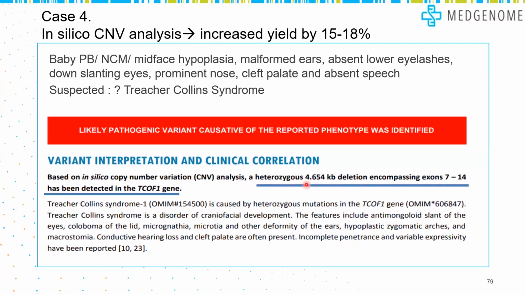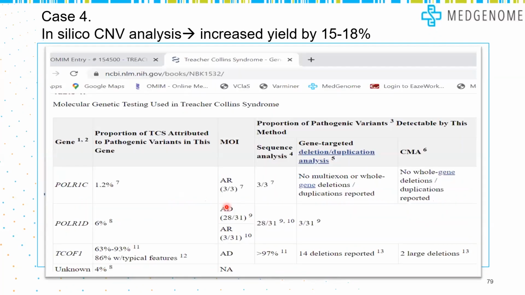When it is a large deletion, multiple exons are deleted, and if it is matching a phenotype, then NGS, if done with the help of bioinformatic pipelines, we do report heterozygous CNVs also. So we can see that TCOF1 causes Treacher Collins syndrome type 3 and large deletions have been reported.